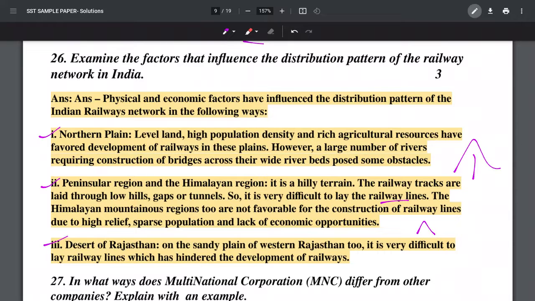No, the train will fall down. Now the desert of Rajasthan, what happens there? The sandy plain of western Rajasthan too is very difficult for rail, because the place is not proper. Do you know, it is desert? How can you put the railway tracks and start the train? So that's again a problem.